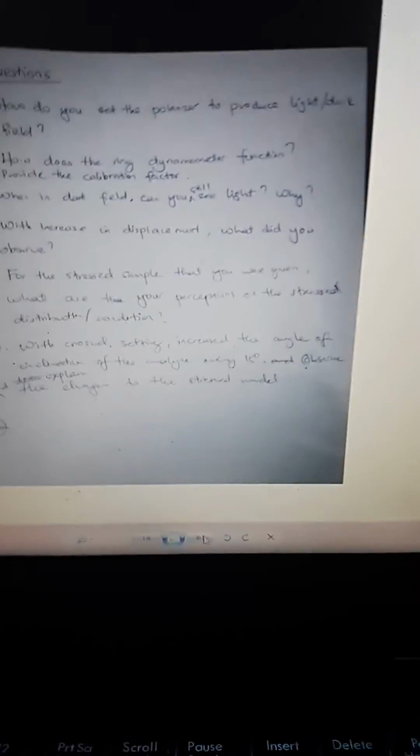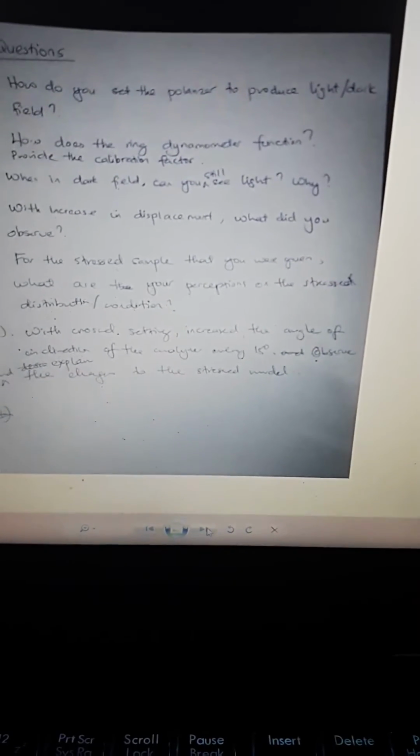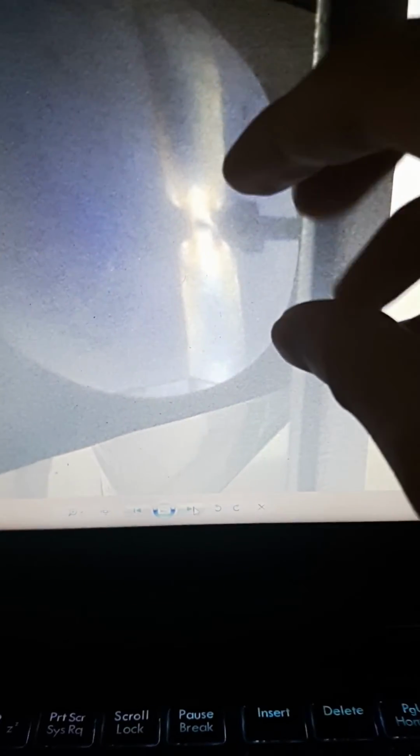And for the fifth question, for the stress sample that you were given, what is your perception of the stress distribution or condition? From my observation, the specimen has two curvatures, and at the curvature it has higher stress distribution, because from the theory side, it is low in terms of thickness, so it has low withstand in terms of stress.